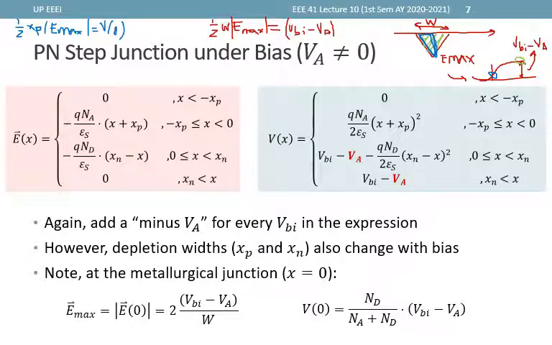On the left side we can multiply by W over W. So here we observe that we still have that 1/2 W Emax, which we just said to be equal to VBI minus VA, but here we have the ratio of XP and W, which is this term right here.